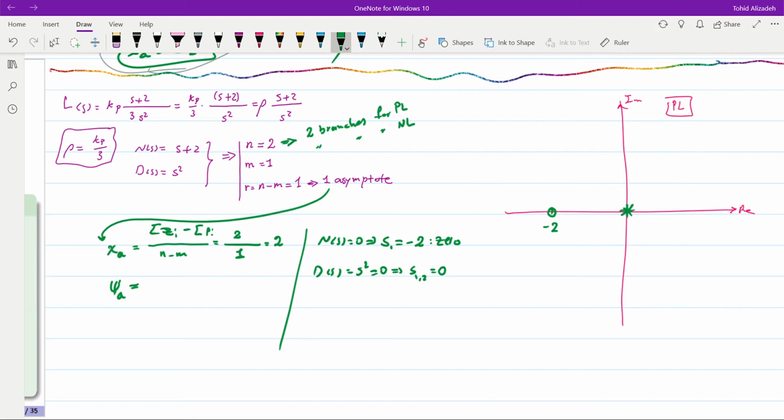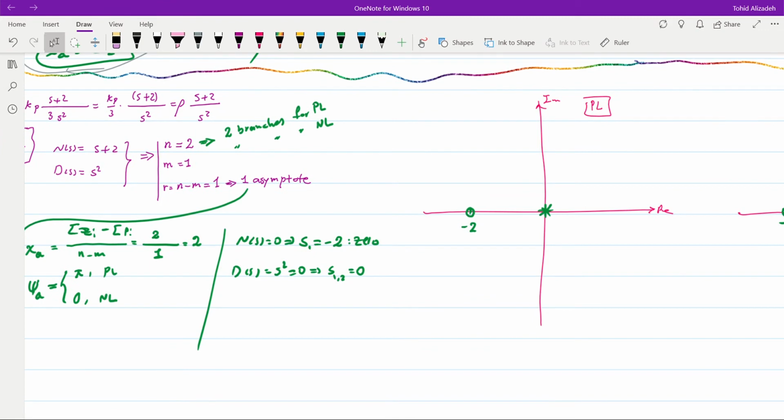And for the angle of the asymptotes, we have r times phi_a, r over here is again equal to 1, which is equal to (2h + 1)π with h equal to 0, so it will be equal to π, and 2hπ will be 0 for positive locus and negative locus.